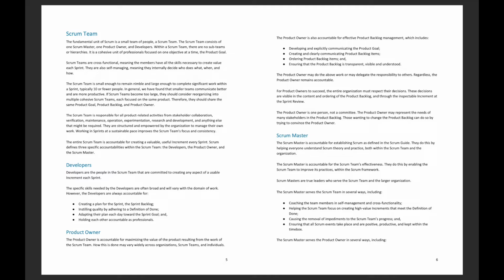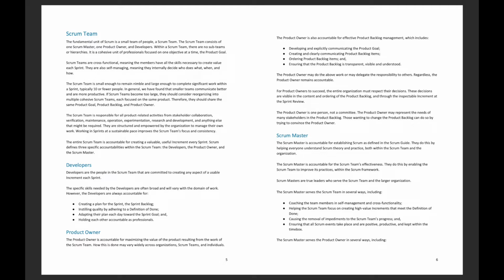The product owner may do the above work or may delegate the responsibility to others. Regardless, the product owner remains accountable. For product owners to succeed, the entire organization must respect their decisions. These decisions are visible in the content and ordering of the product backlog and through the inspectable increment at the sprint review.